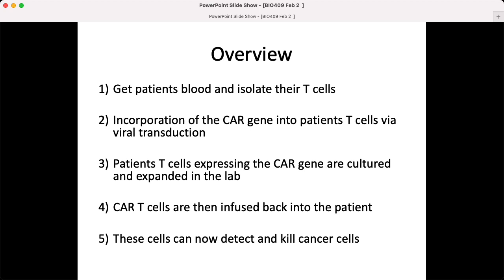You want to check to make sure that the portion that needs to be expressing it is expressing it, and it's expressing it properly. And then you can put these right back into the patient, and then these cells can now detect and hopefully kill the cancer. I mean, they're not without their side effects, but it's a much more directed way than general chemotherapies are able to target it right now.